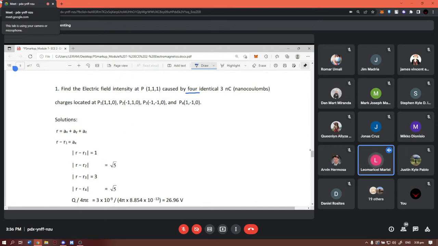So, ibig sabihin nun, your QT is located at point P, which is 1, 1, 1. May epekto daw yung 4 na identical charge na 3 nanocoulombs na located sa different points. Let's say, P1, 1, 1, 0, P2, negative 1, 1, 0, P3, that is negative 1, negative 1, 0, and P4, that is 1, negative 1, 0.